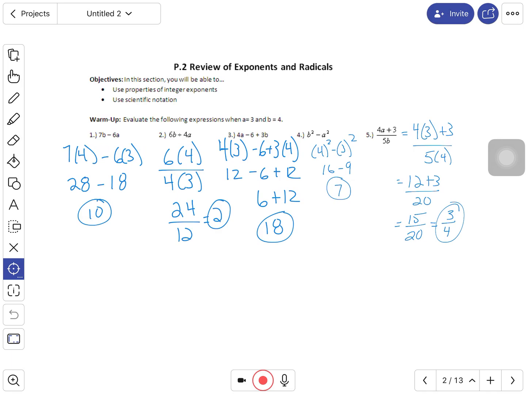But you need to keep in mind that anything touching a plus or a minus, so this factor of 12 on top is touching a plus sign, makes it a term. So this 12 here is a term, which means we're not allowed to reduce this 4 and this 4. They have to stay there. And again, that is situated in that exception with the order of operations. You've got to work out the little mini math problem on the top, and the little mini math problem on the bottom.